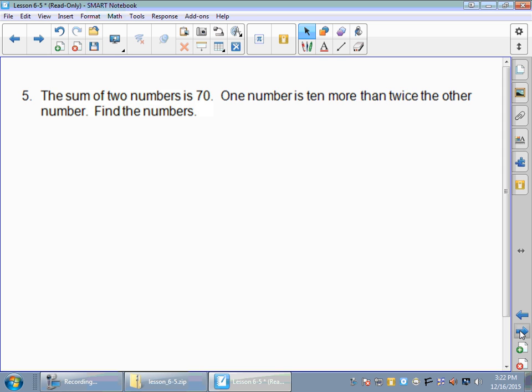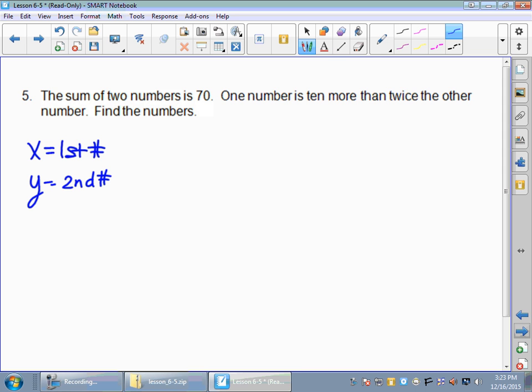Okay, the next one, we're going to set it up, but I'm not going to actually solve it with you, okay? We'll talk about the strategy, but for time purposes, we'll wait. So the sum of two numbers is 70, and then they describe the two numbers. So I'm going to make x equal my first number, and I'm going to make y equal my second number.